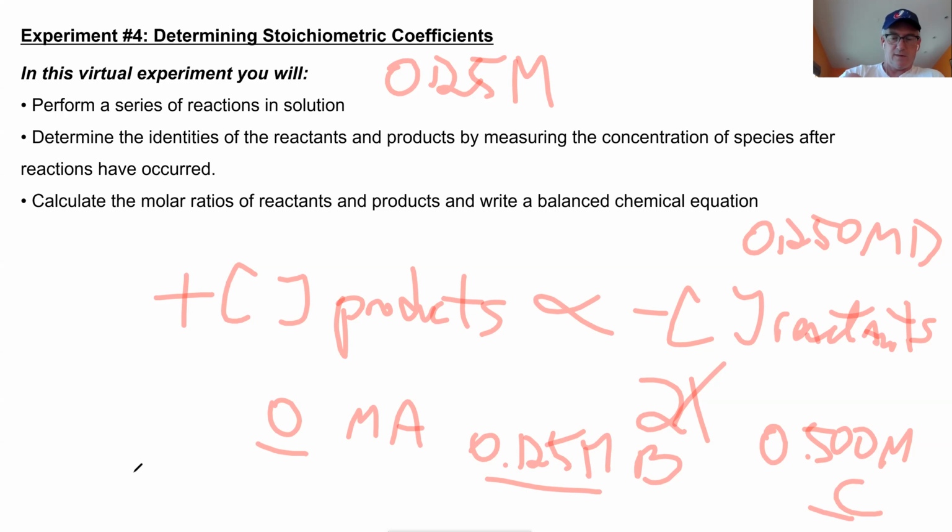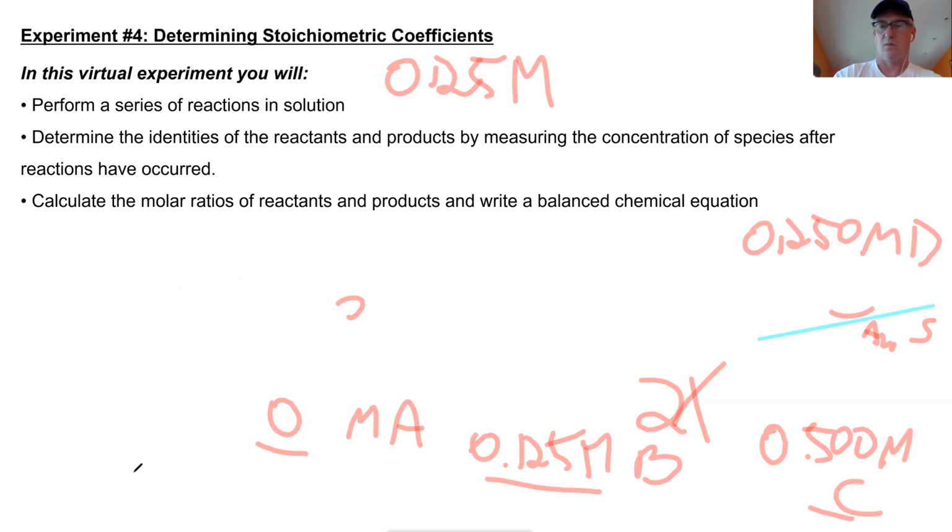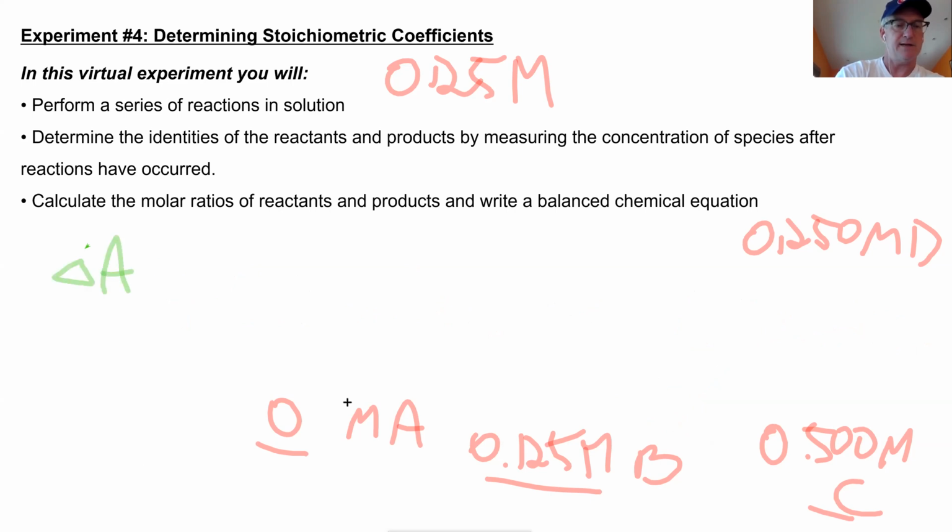Right. Ferris points out that my change in A is, let me make some more room here. All right. Change color. So my change in A is minus 0.25 molar.